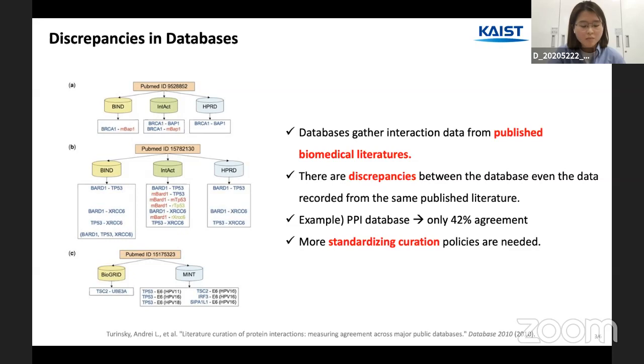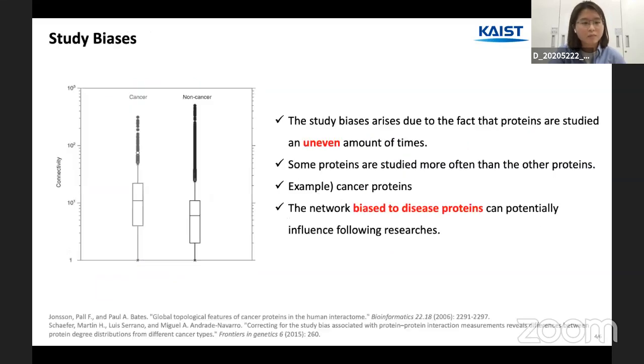In the case of the protein-protein interaction network, it was reported that only two databases fully agree on only 42% of interactions. Therefore, more standardized curation policies are needed to construct a more accurate and precise biological network.